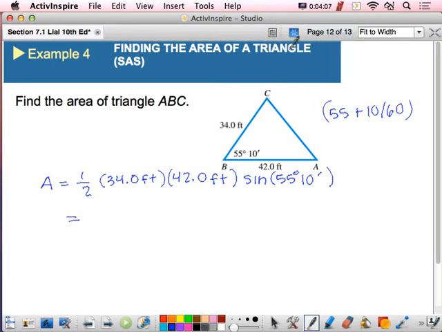So when we multiply all of those things together, we got 586.0633683. And we will go to 3 significant digits, so that is approximately 586 what? Square feet? Yes? Because feet times feet, those units are squared.